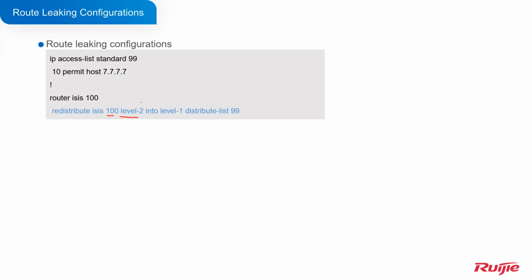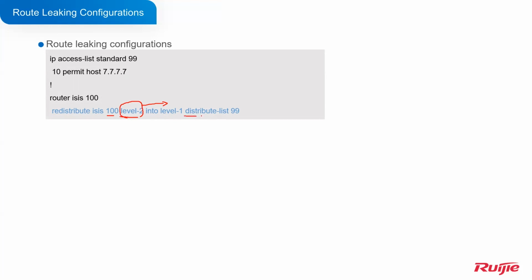And this function lets you redistribute the level 2 database into level 1. So I can transfer the routing information to my level 1 neighbor. Otherwise, by default, the level 2 router information cannot be added into the level 1 database.